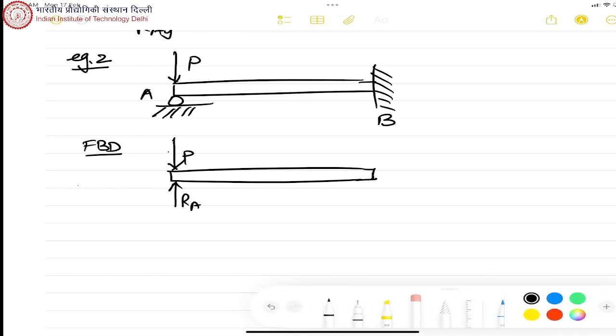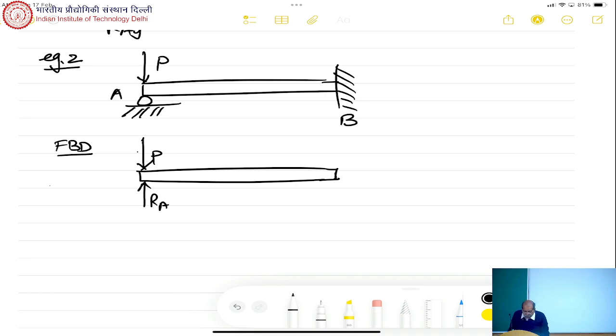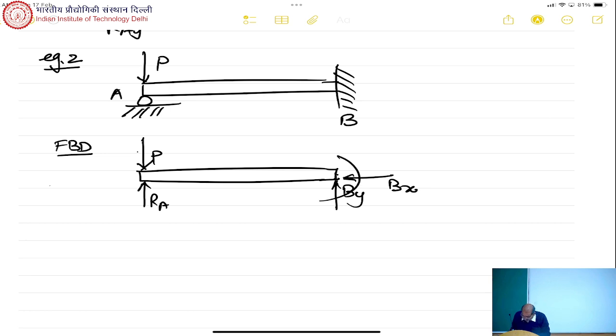I don't need to write this. When I draw the free body diagram at A, because there's a roller, the force will only come in the vertical direction. So RAX is 0 should not be written. I should just write it as RA. And then at end B, I will have BY, I will have BX.